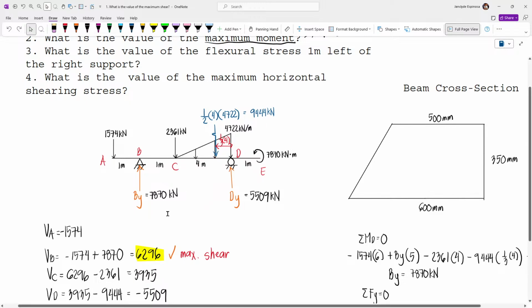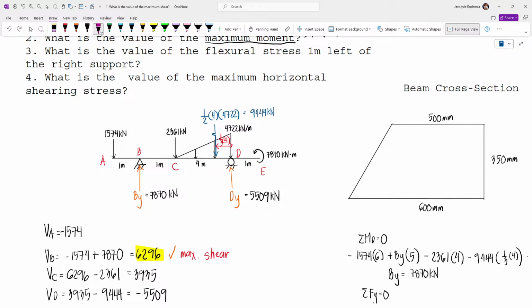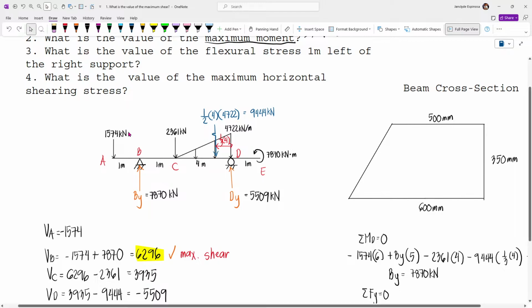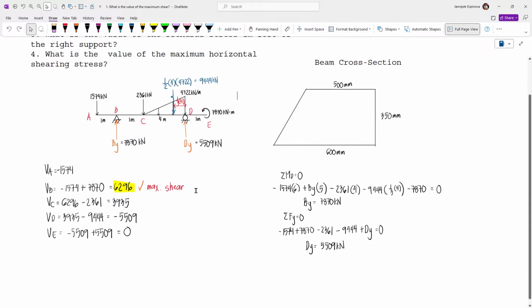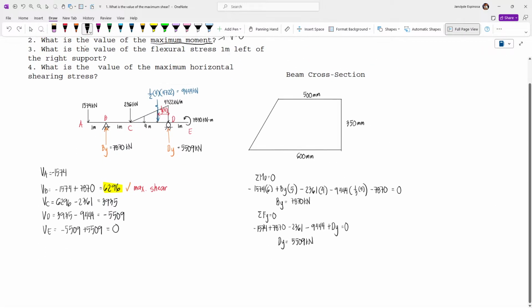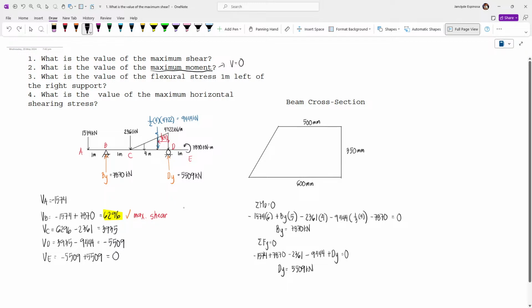But what if dili ka kabaw? What if dili pa ka certain ba? Pwede na mo i-check by segment. AB, BC, nana. And then, ma-evaluate naman po na nimo if sakto imong na-form na equation or sayop. Now nga naman, di ba, iset man na to ang shear to 0.